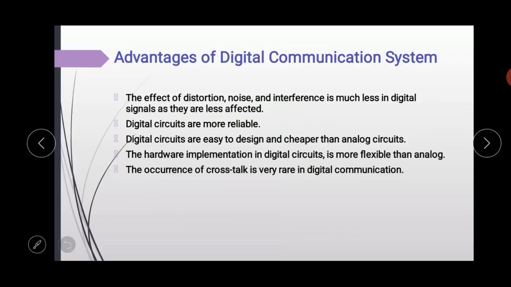Next is the advantages of digital communication system. So the effect of distortion, noise and interference is much less in digital signals. Digital circuits are more reliable, means more accurate also. Here we get an accurate output. Let's compare an example of analog multimeter and digital multimeter.